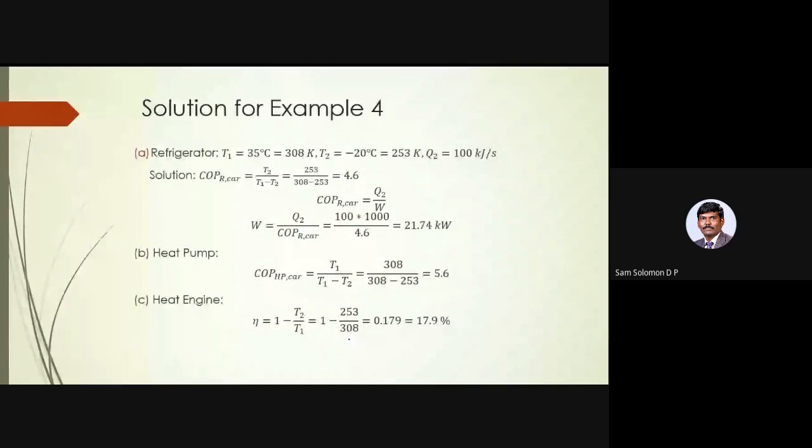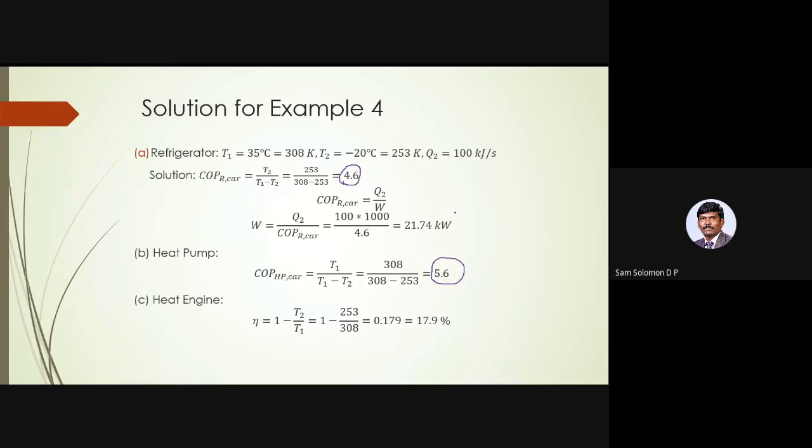So the COP of the refrigerator happens to be 4.6. If you use COP of heat pump equal to 1 plus COP of the refrigerator, it is supposed to be 5.6, and that is what we get by using this formula also. See here, refrigerator it is 4.6, heat pump it is 5.6. The difference is just 1.